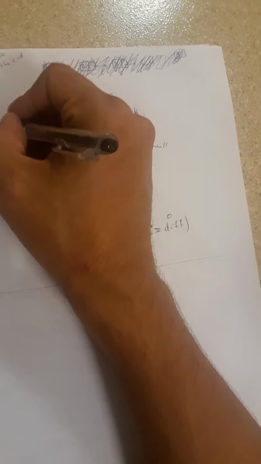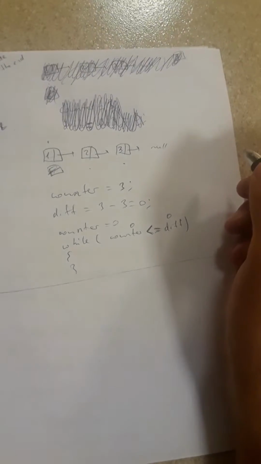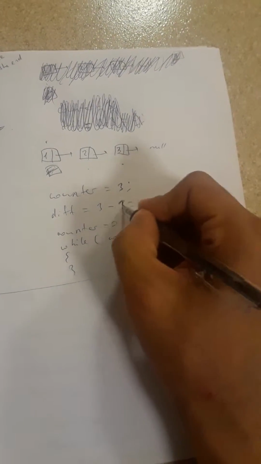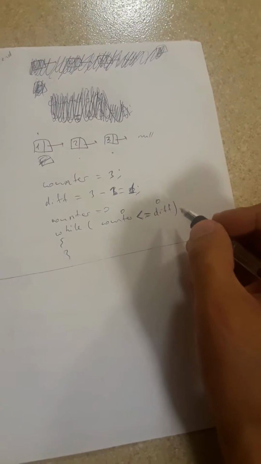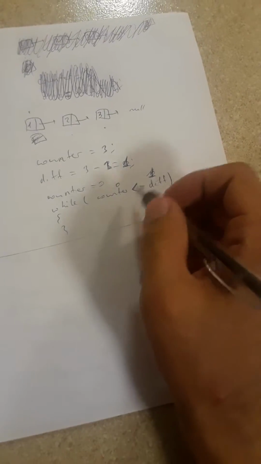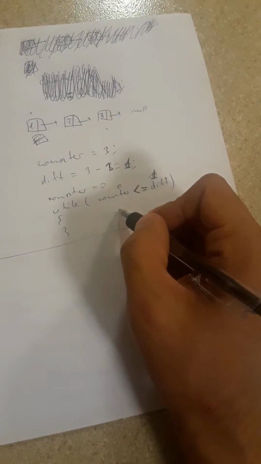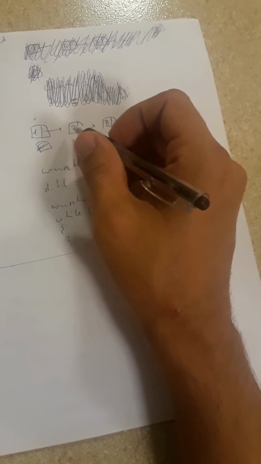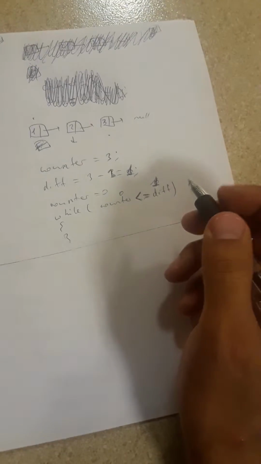But if the k element was, for example, 2, then the difference was 1, so after one loop we run the second loop, and we'll return the second node.